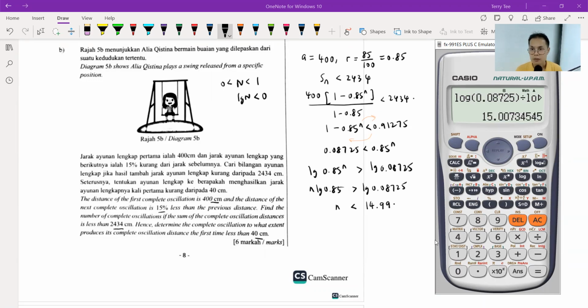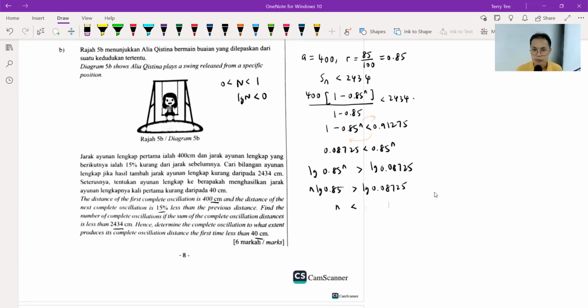Yeah, 15. I think I typed wrongly just now. It's 15.007. Okay, n is less than 15.007, so we take the nearest integer. We can't take 14 because 15 is also a solution, since it's less than 15.007.